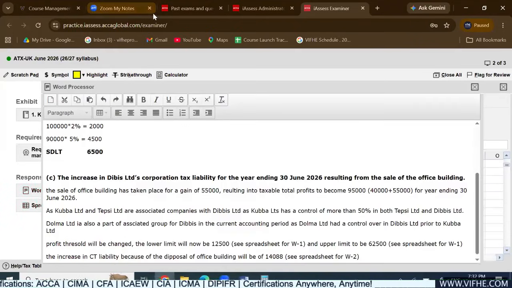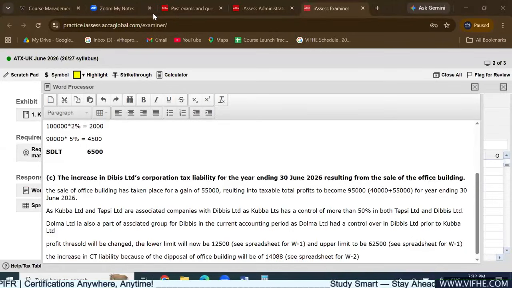Now there was a question asked previously: where did we get this 40,000? Since they joined in March, aren't we supposed to apportion 40,000 in relation to Dibis's budgeted profits?